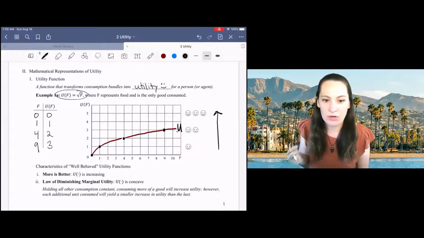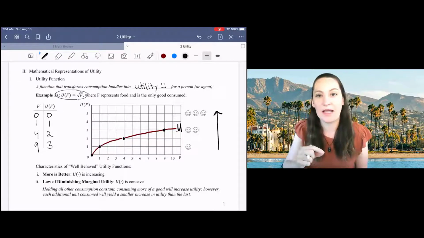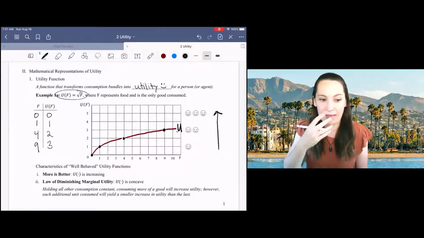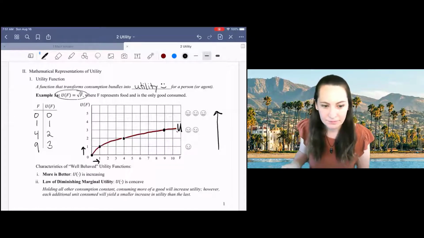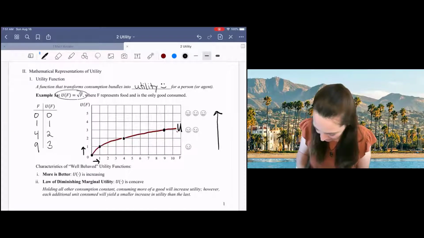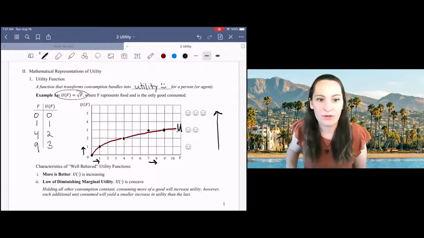We also notice that the utility function is increasing at a decreasing rate, right? So at first, eating 1 unit of food gives me an additional utility of 1 unit. But if I come out here after I've eaten a lot of food, right, my utility function doesn't go up very much for that additional unit of food.